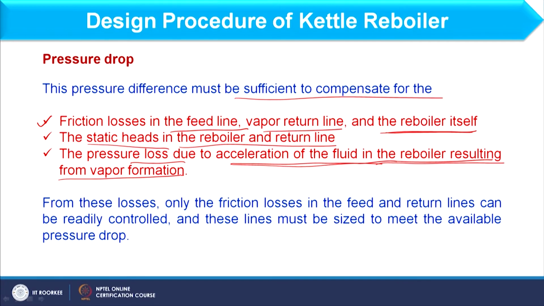As far as pressure drop on the reboiler side is concerned, in the reboiler section, whether it is the feed line, the reboiler itself or the return line, fluid will be available continuously, and therefore we should consider static head in these sections, right. Apart from this, because fluid is continuously moving in the reboiler, return pipe and feed pipe, friction loss should be there.